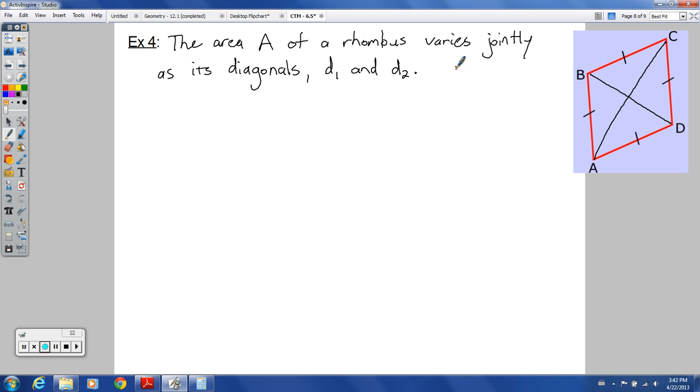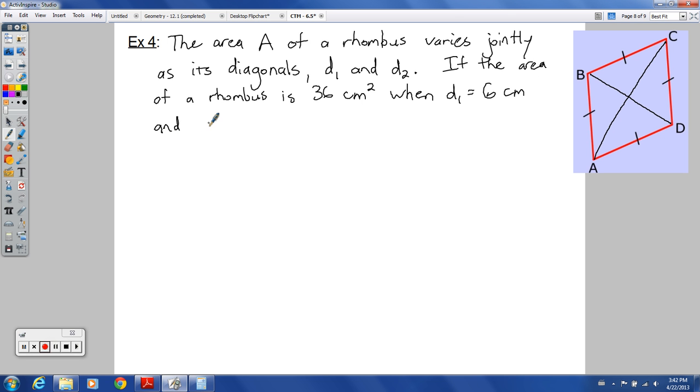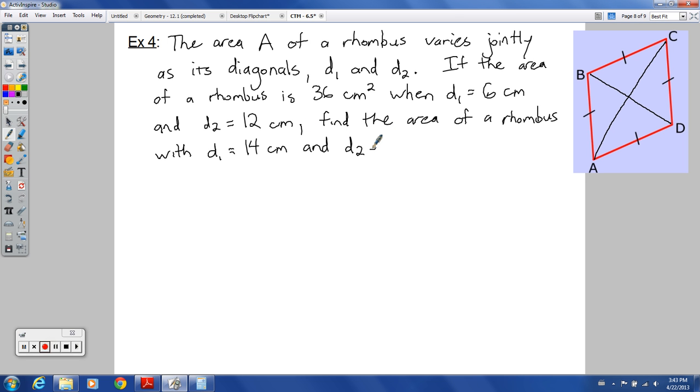If the area of a rhombus is 36 centimeters squared, area is always going to be in units squared, by the way, when D1 equals 6 centimeters and D2 equals 12 centimeters, find the area of a rhombus with D1 equals 14 centimeters and D2 equals 20 centimeters.